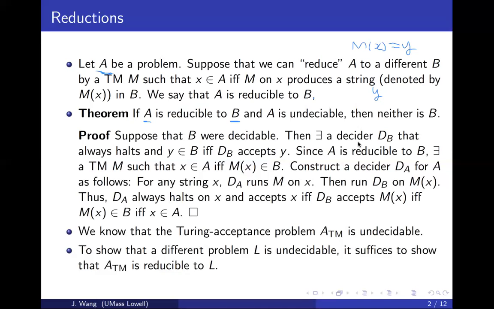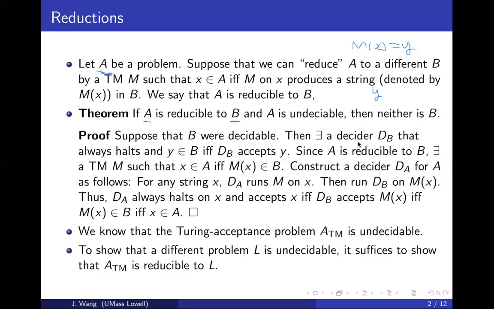So let's see the proof. Suppose that B were decidable. Then it means that there is a decider, D sub B, that always halts, and Y is in B if and only if D sub B accepts Y. Since it always halts, it will either end up with an accept state or a reject state.